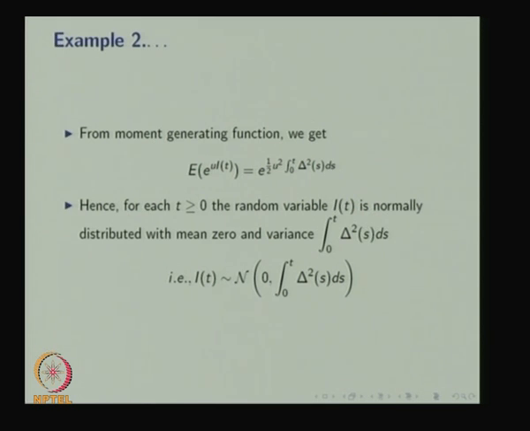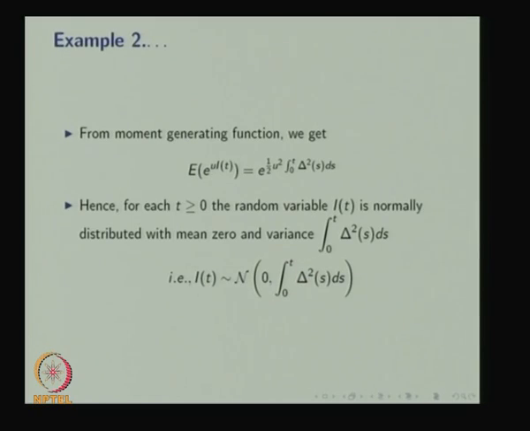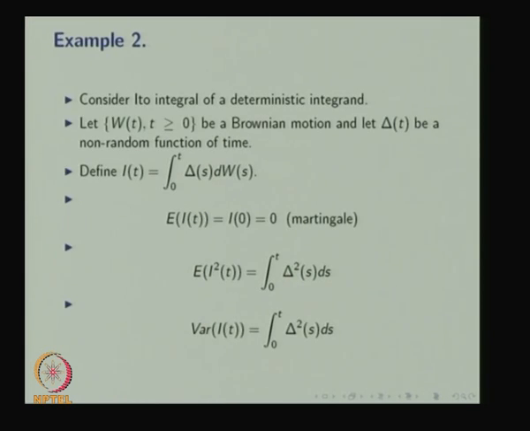So in this example, we are finding the mean and variance of I of t as well as the distribution of I of t, when the integrand is a non-random function of time.